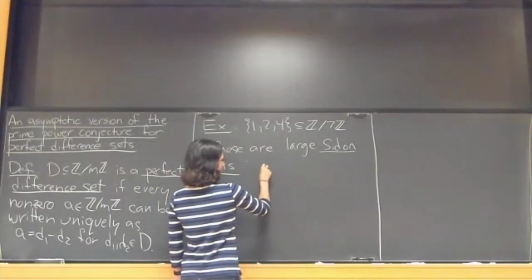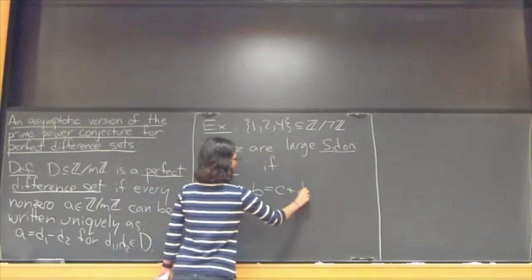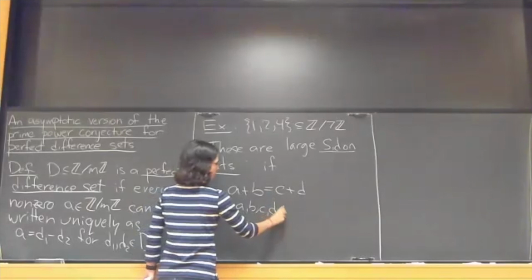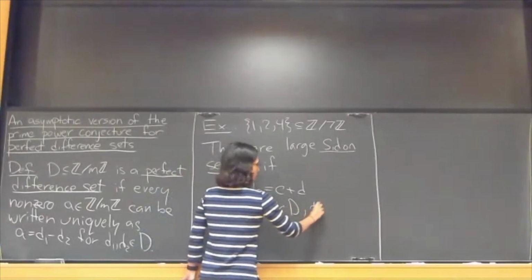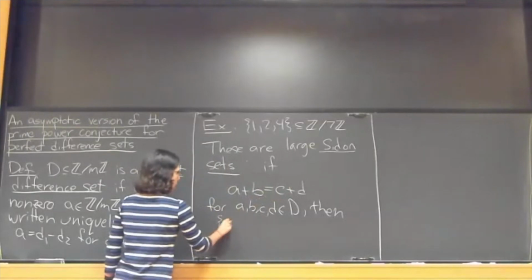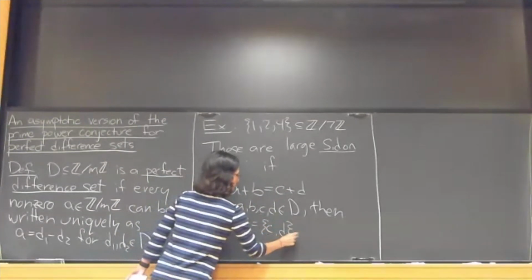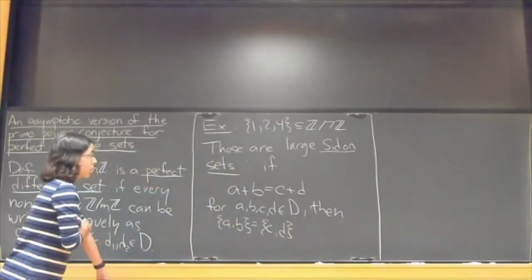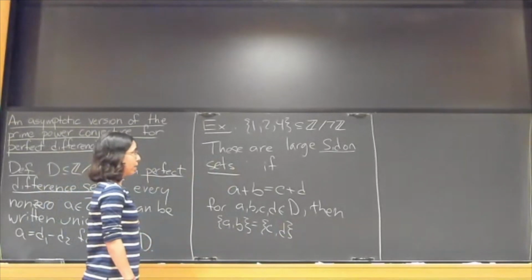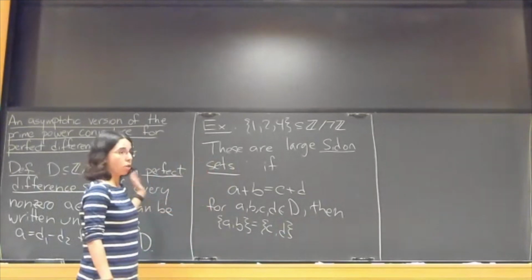So that means that if a plus b equals c plus d, for a, b, c, and d in the set, then {a, b} has to be {c, d}. So in additive number theory, we care a lot about the existence of large Sidon sets. So we care about perfect difference sets.